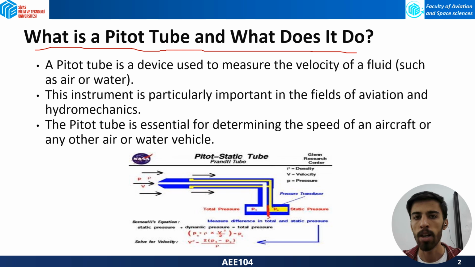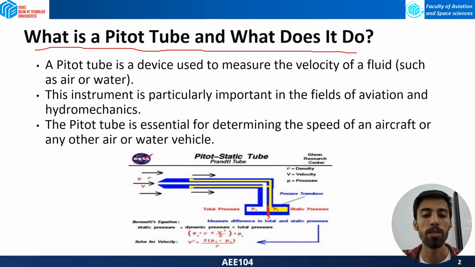You can ask me how we can evaluate the dynamic pressure. In fact, there is a formula that gives the dynamic pressure. It relates to the airspeed and the density of the air. I will give it on the coming slides.